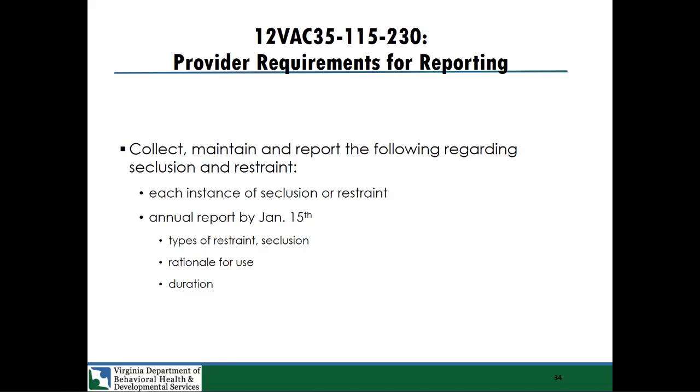However, if you have not received any information from the office regarding how to submit your information, please contact your assigned regional advocate, as it is your regulatory responsibility to submit data on seclusion and restraint each year by January 15th.